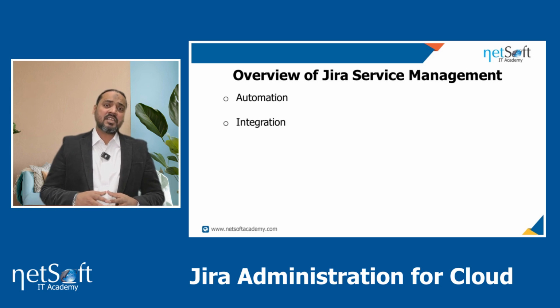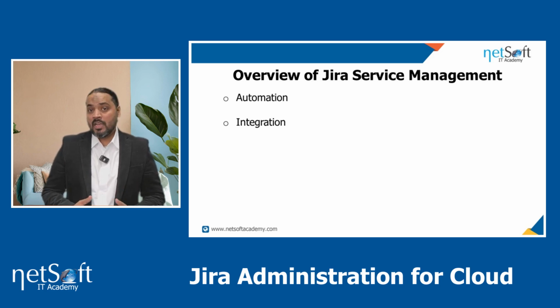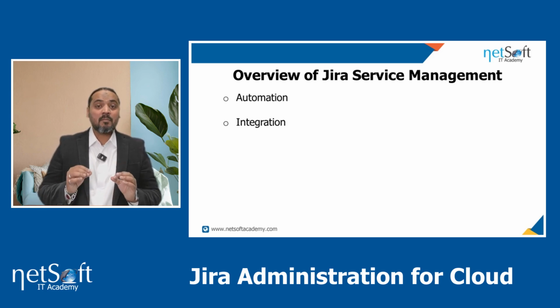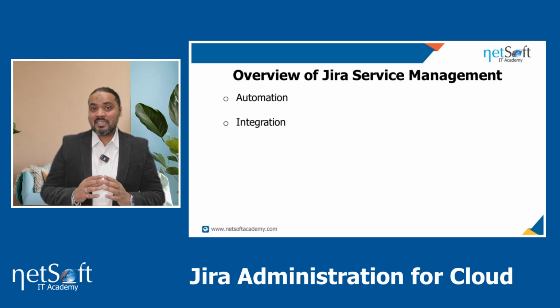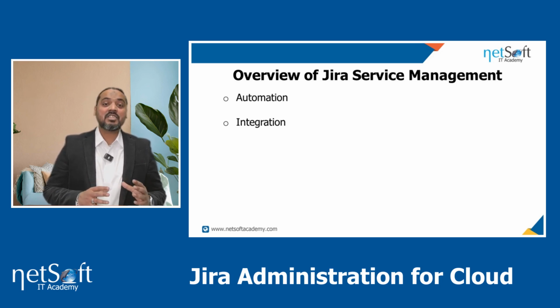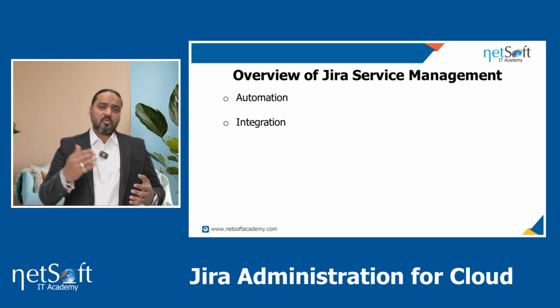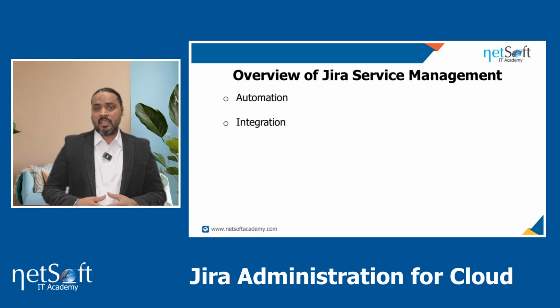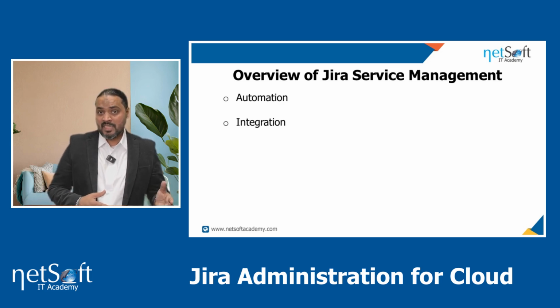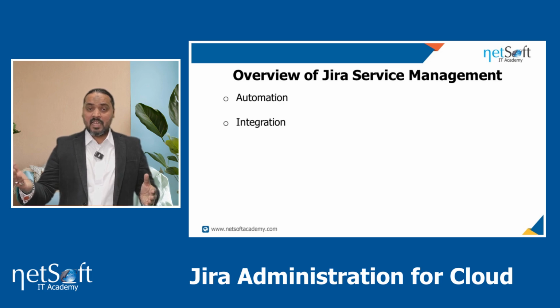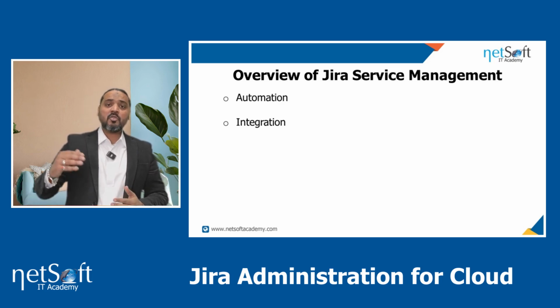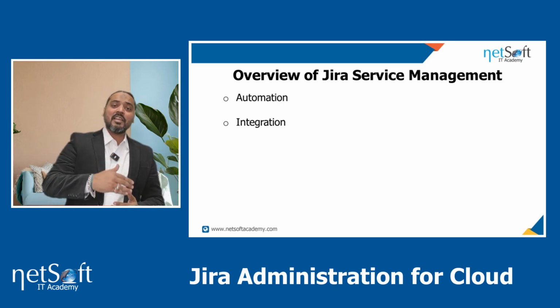Tasks such as ticket routing, approval, and notification can be automated based on defined rules. Ticket routing is routing from one team to another. For example, routing from service desk to help desk, to server team, to network team, and routing back again to server team.